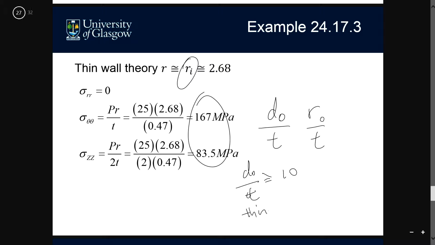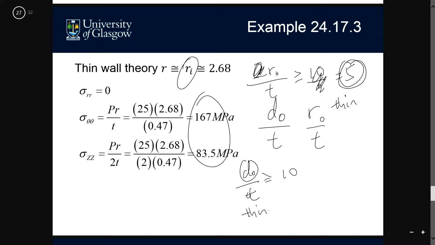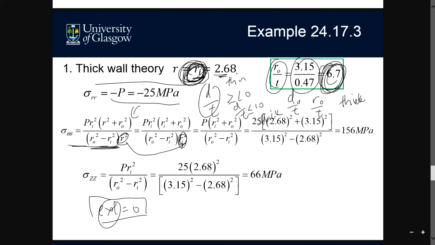The diameter is 2 times r outer, equal to or larger than 10, and then I bring this 2 downwards, so I have 5. So if the radius over t is larger than 5, you use thin wall. If it's smaller than 5, then you use thick wall. However, just now when we used this equation, our thick wall value is actually 6.7, and therefore can we consider it as thin?